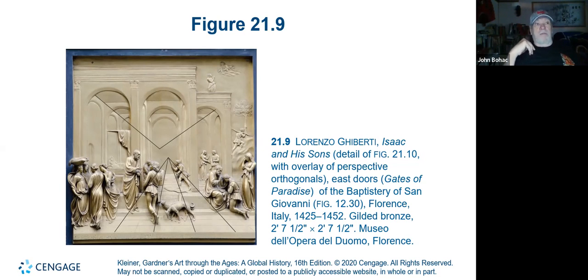We saw all of this stuff in Northern Europe by guys named like Jan van Eyck and all of these artists from Northern Europe. And we talked about how they tried to create realism. And they did a pretty good job.